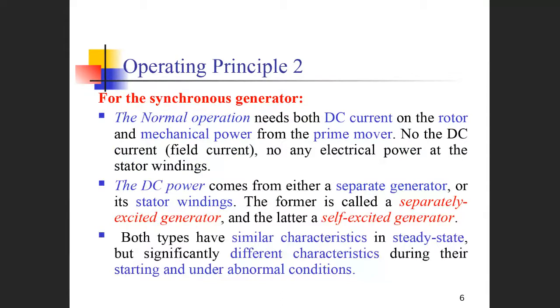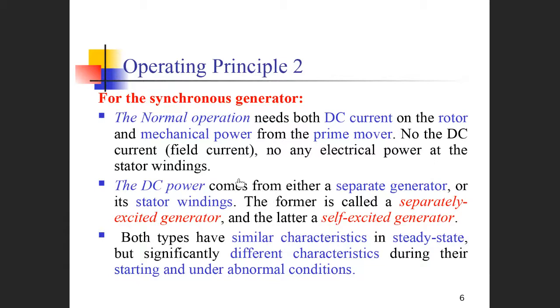Here we have a summary of the characteristics of the synchronous generator. You should understand that the normal operation of a synchronous generator needs both a DC current on the rotor to produce a constant magnetic field and a mechanical power input to the rotor. Therefore, these two together form a constant rotating magnetic field.